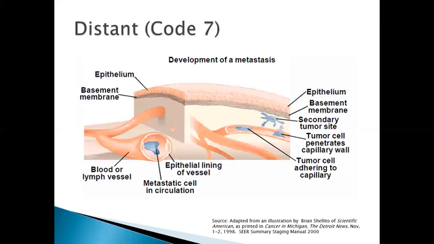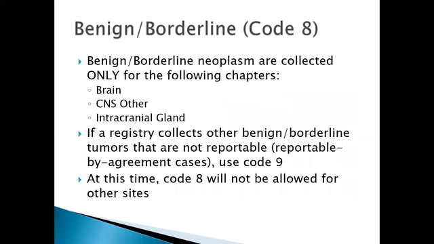And it can go through the lymphatic system, blood vessels, or like I said, through the fluid. That's the blood cell or the blood vessel or lymph vessel, and then that one that's adhering to capillary, and then this one is actually penetrating through the capillary wall where a secondary tumor then begins to grow. So those are just a little bit of illustration of how distant metastases develops.